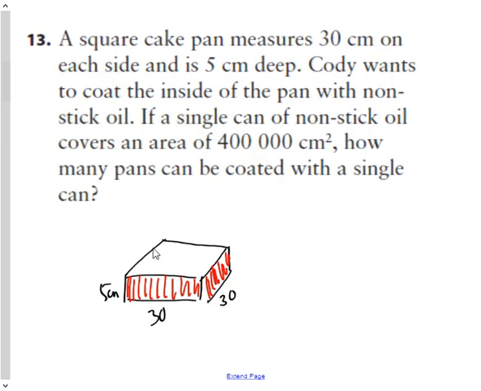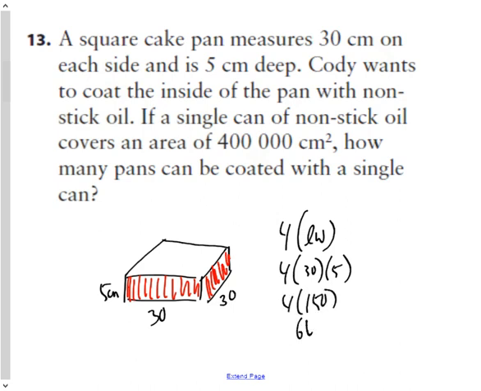If we think about the red ones that I just colored there, there's 4 of them. There's 4 of those rectangles, which each measure 30 times 5. All of those all the way around would be 30 times 5, which means there would be 4 that are 150, or 600 centimeters squared, for the 4 walls of this pan.